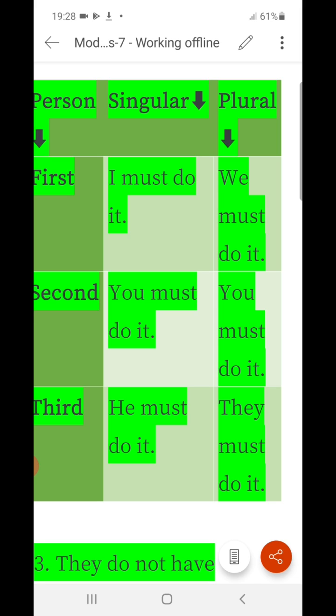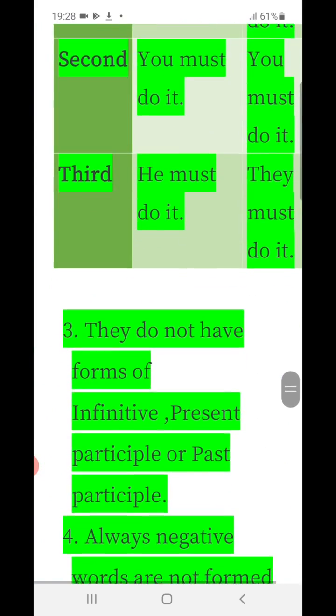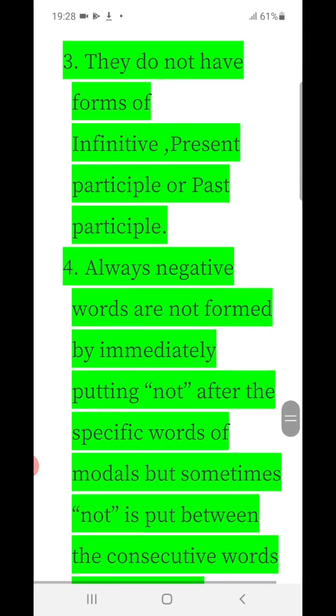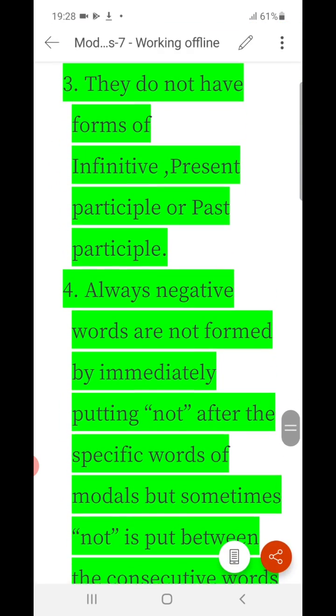Next, they must do it in the plural form of subject, or when we are taking they as the plural form of subject. Must is again remaining unchanged, or it is not getting changed. So, a modal verb will not change in any circumstances.